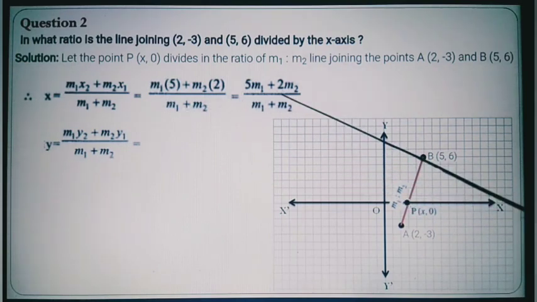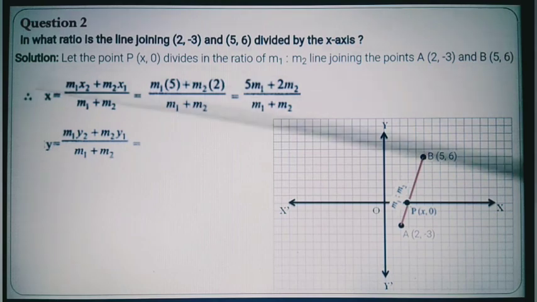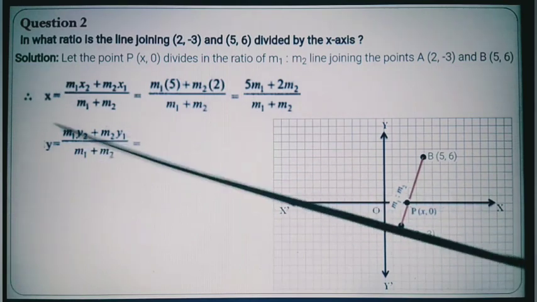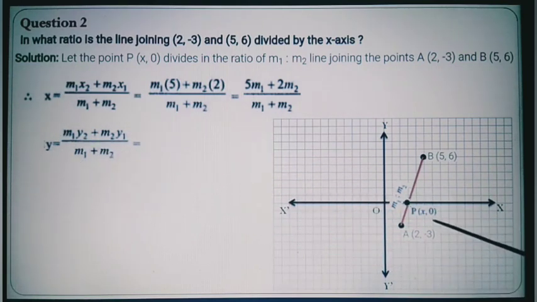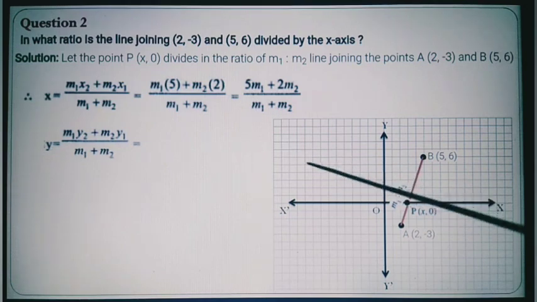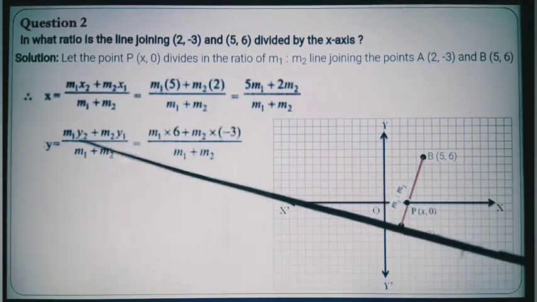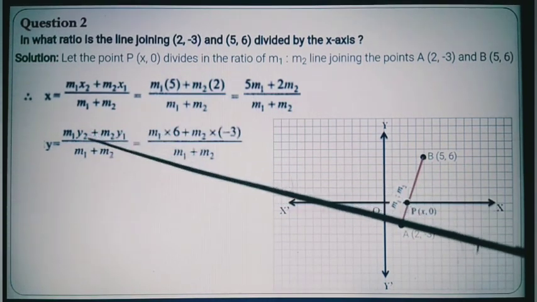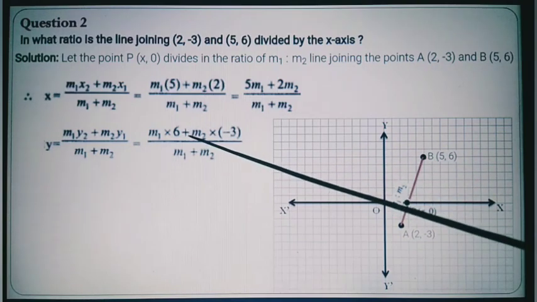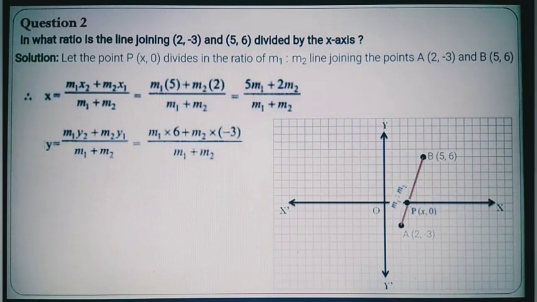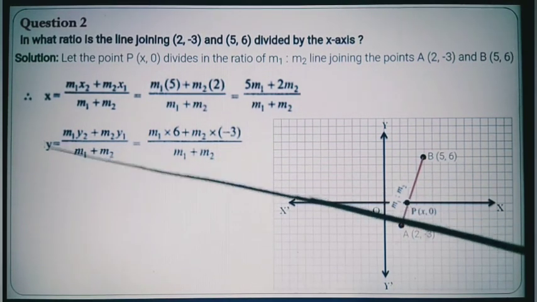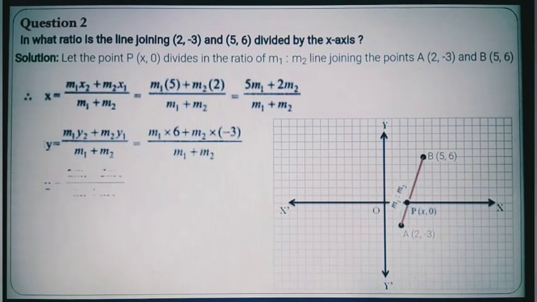So this is your value for this X. Now from this, what is the value of Y? Y is equal to 0, right? So if I do that, then I have M1 times Y2, that is 6, plus M2 times Y1, which is minus 3, divided by M1 plus M2, right? And this full thing is equal to how much? 0, because the value of Y is equal to 0.